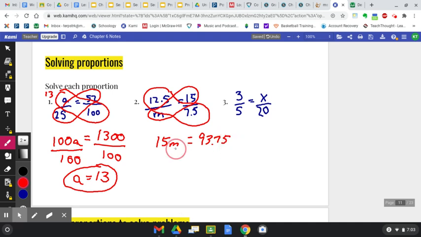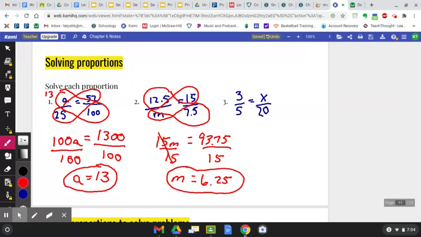And then I'm going to divide by 15, right? Because that's 15 times m. Got to divide the other side by 15. And we get m is equal to 6.25.